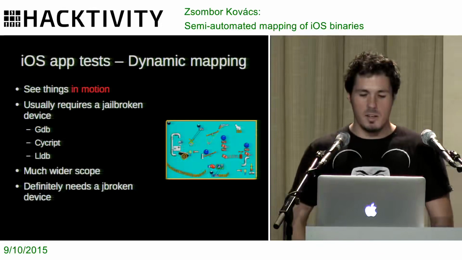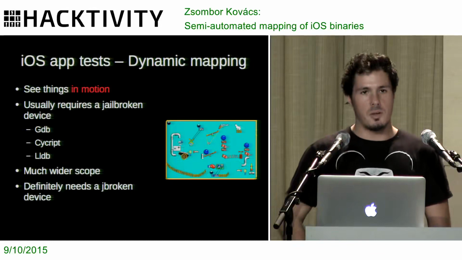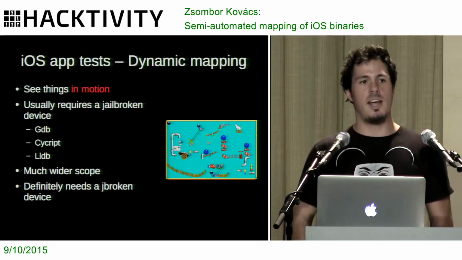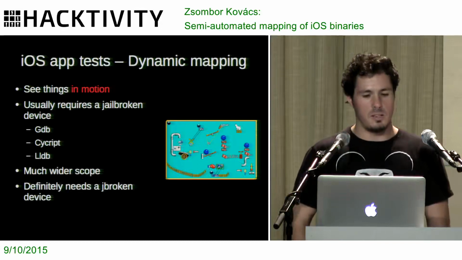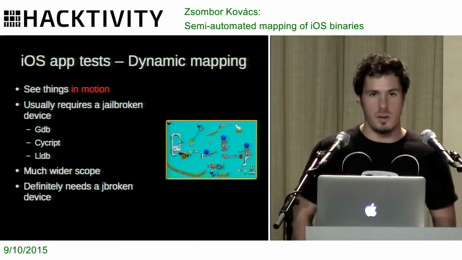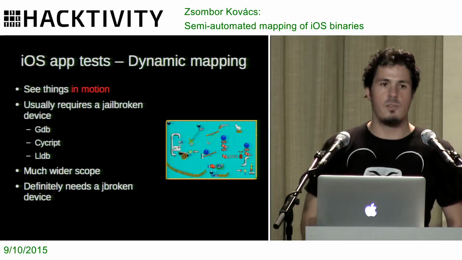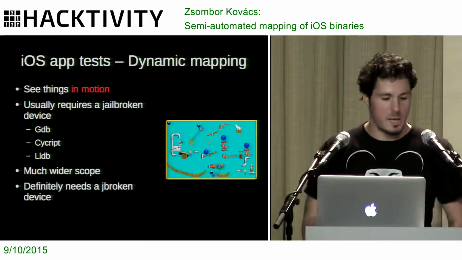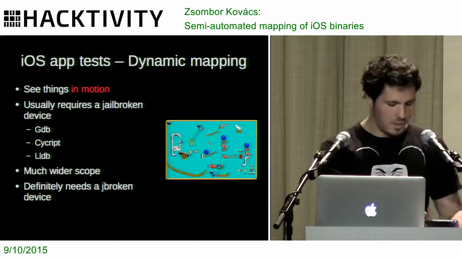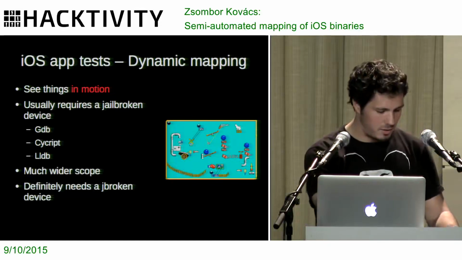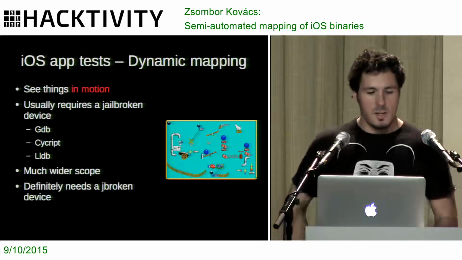So when we do dynamic mapping, we try to figure out what's within the binary and what happens when the binary is being run and when the application components are in motion. This phase usually involves a jailbroken iPad, which I luckily have here, with all the necessary modifications required to do app testing.